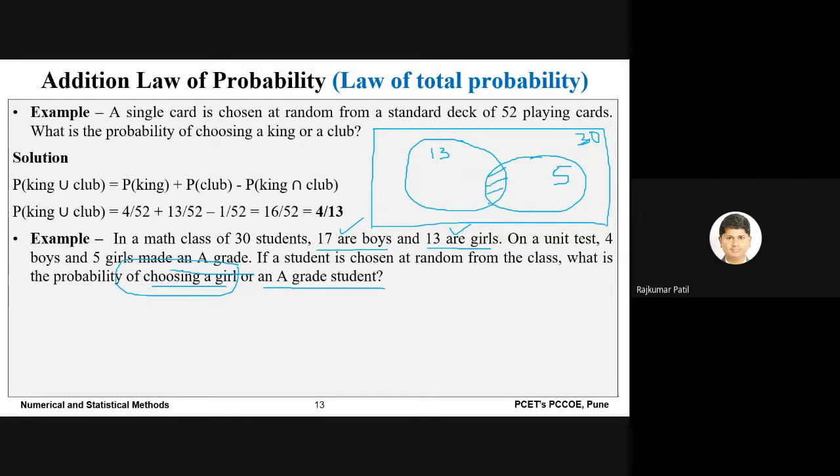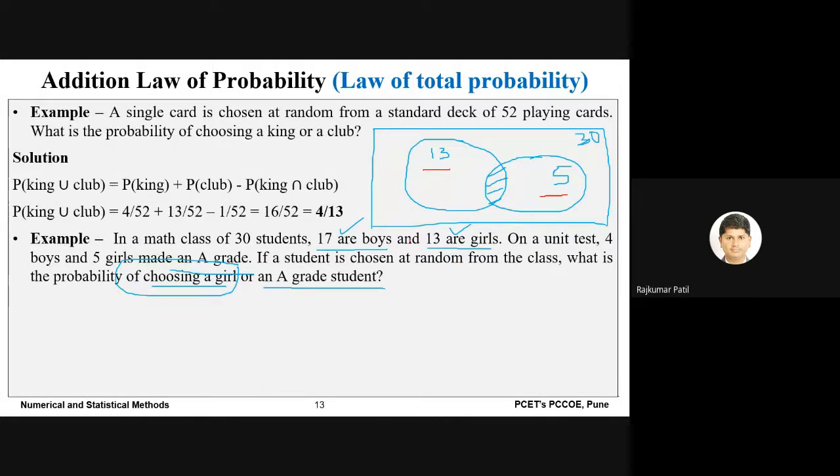So for a given class, we can say that there are 13 girls and there are 5 girls who received A grade. So that part is also there.